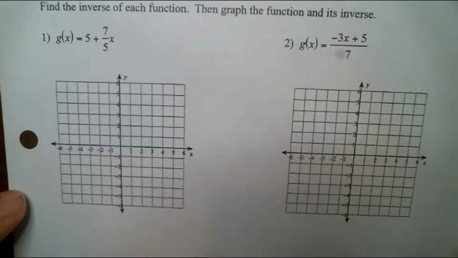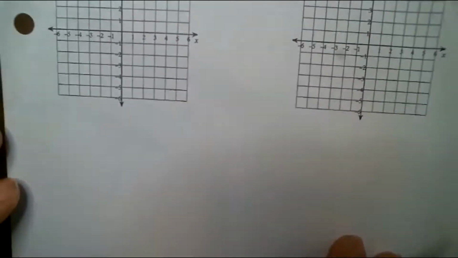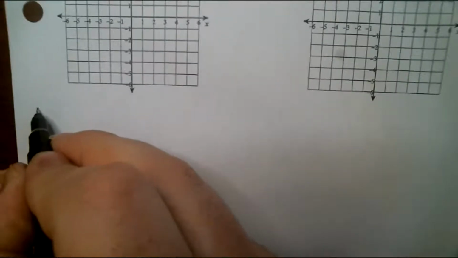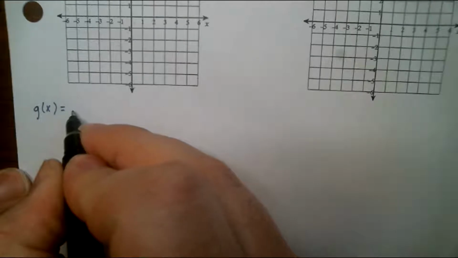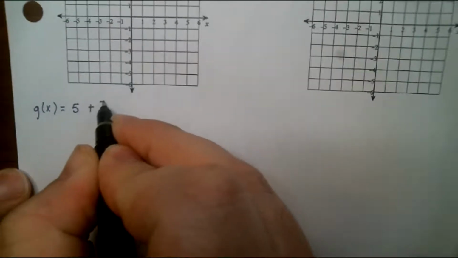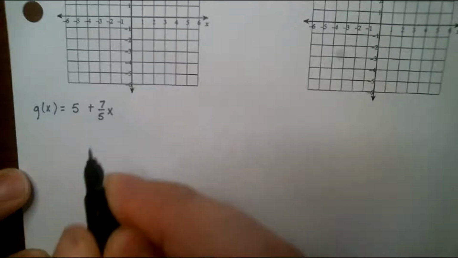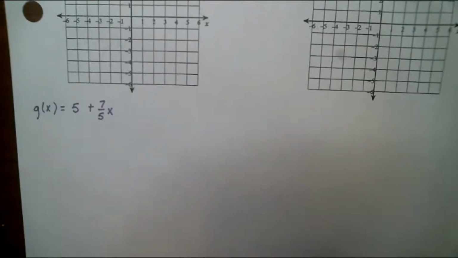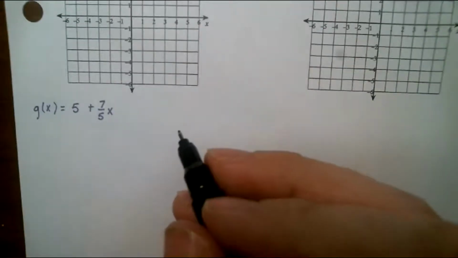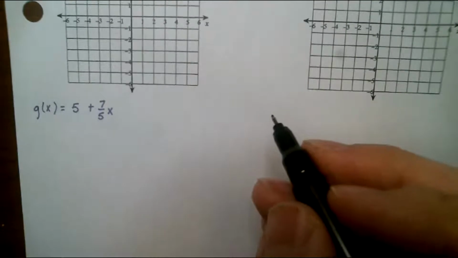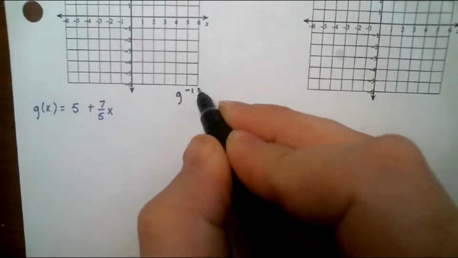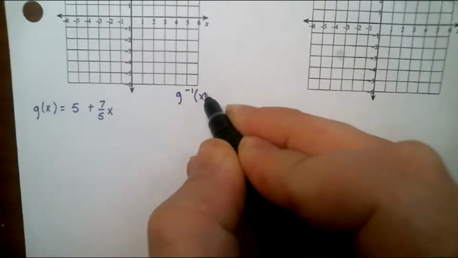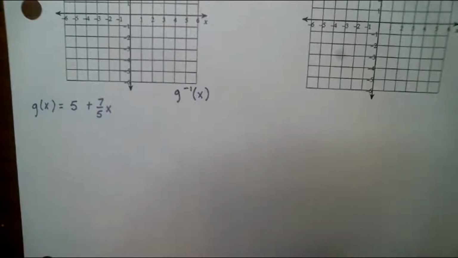So I'm going to come down here just a little bit. If my function is g of x is equal to 5 plus 7/5 x, then my inverse function, my g inverse of x, would look like this.